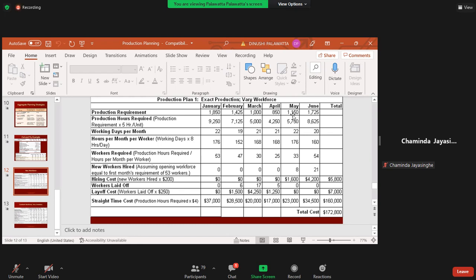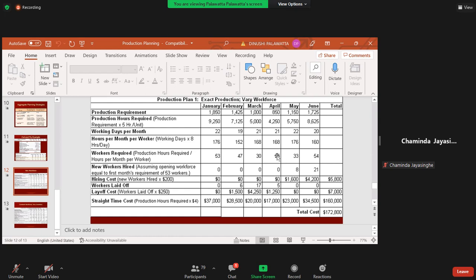And go to May. Your production requirement is 1,150. Multiplied by 5, you get 5,750. The number of production hours available is 22 multiplied by 8, 176. 5,750 divided by 176, you get 33.